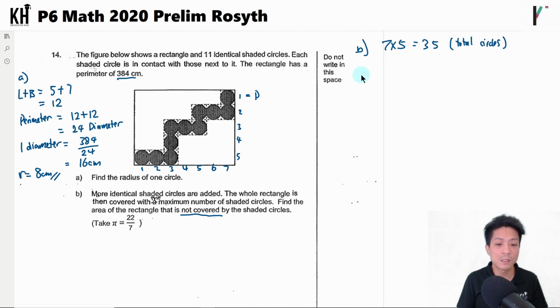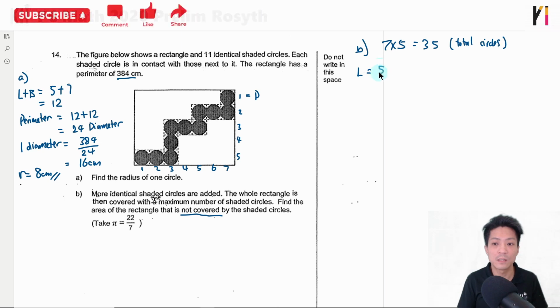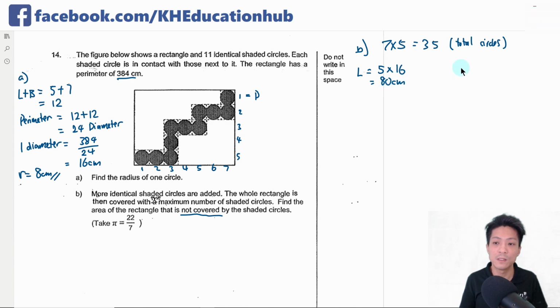Then the next thing I need to find is the length. The length of the rectangle is 5 times 16, 80 cm.